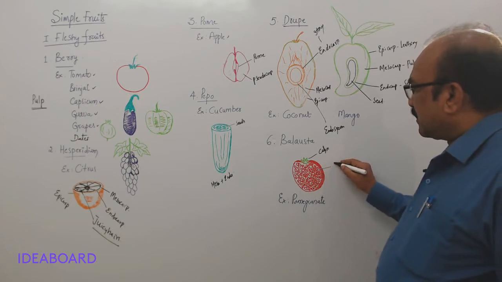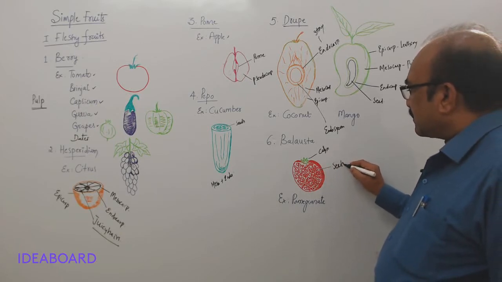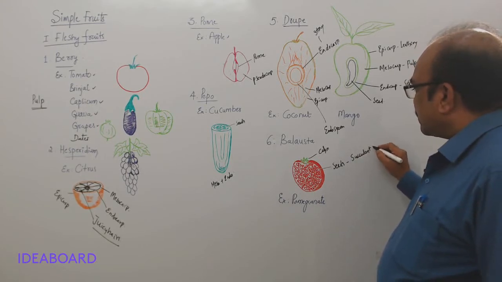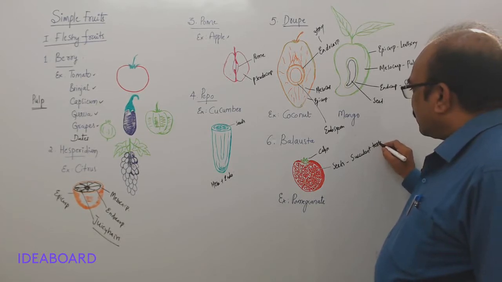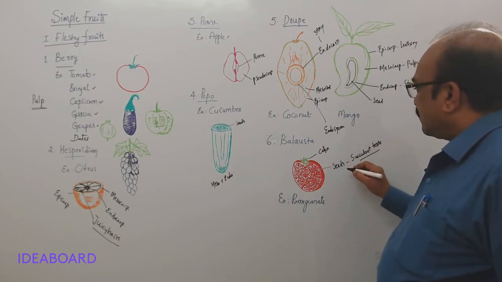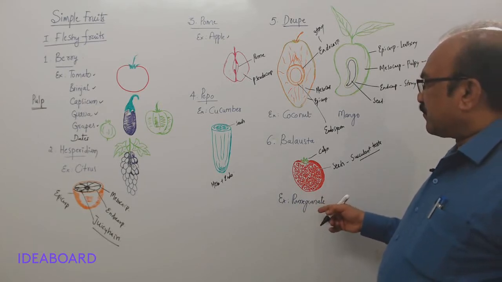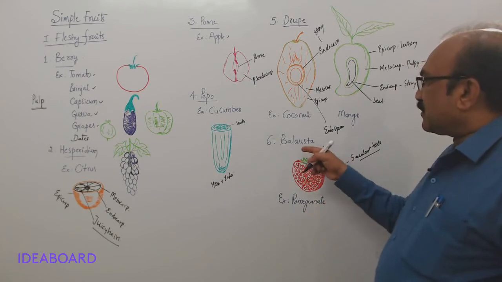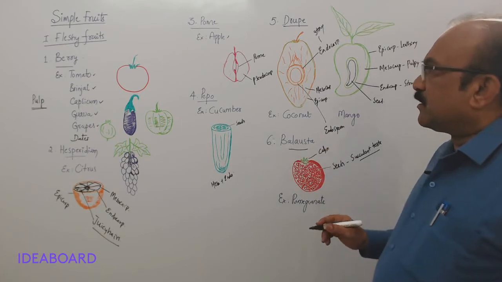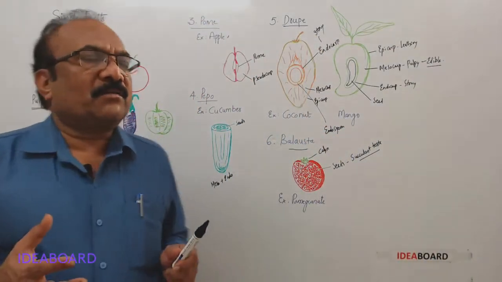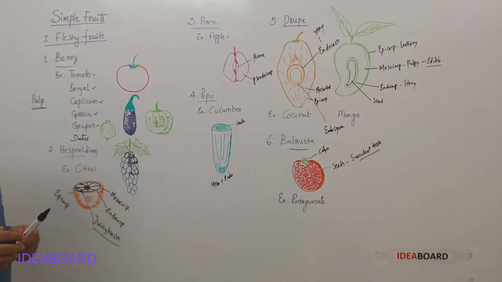The seeds are edible, and the seeds have a succulent testa. The succulent testa is edible in pomegranate, and the fruit is called balausta. All these are examples of fleshy fruits.